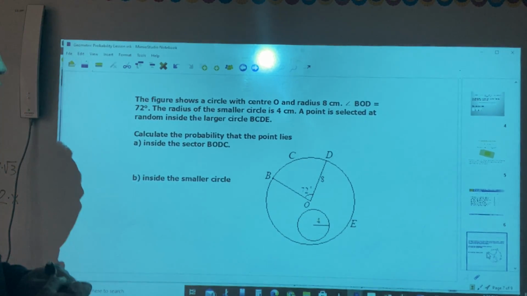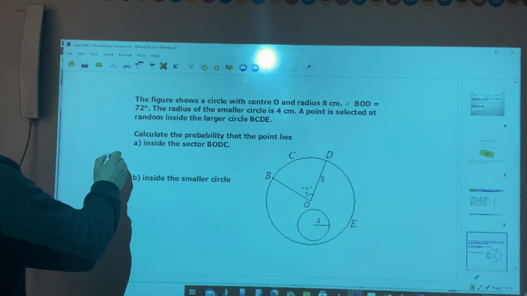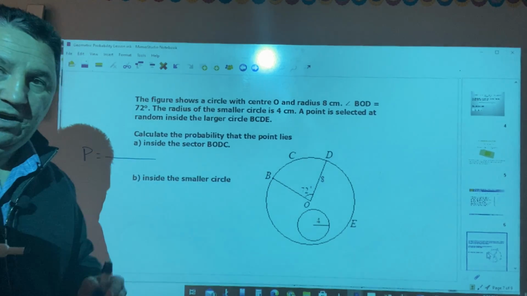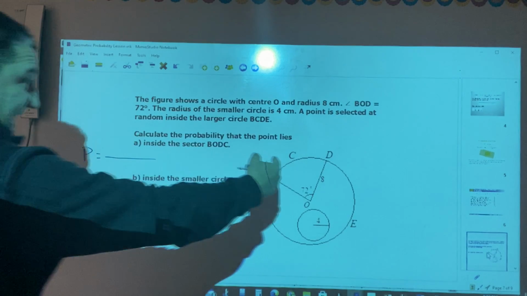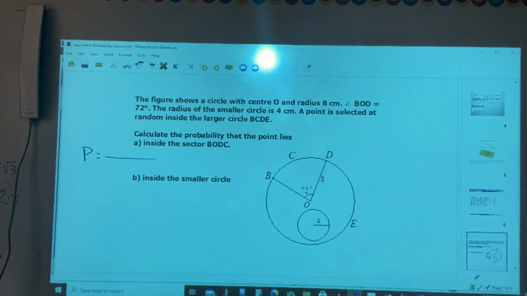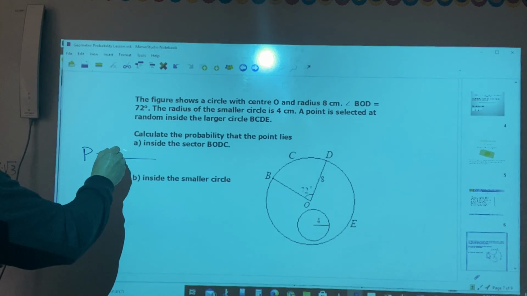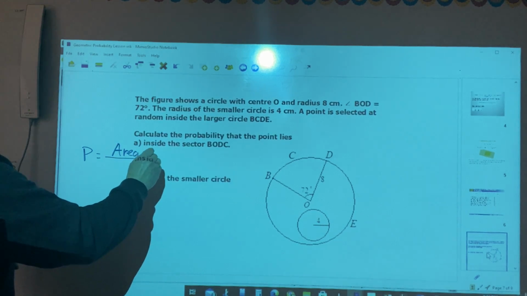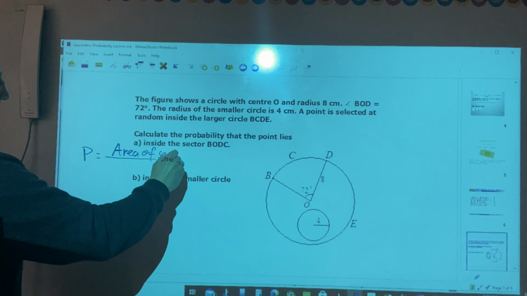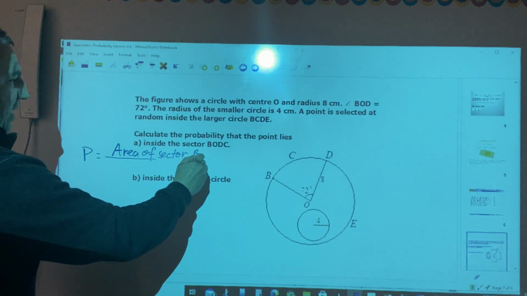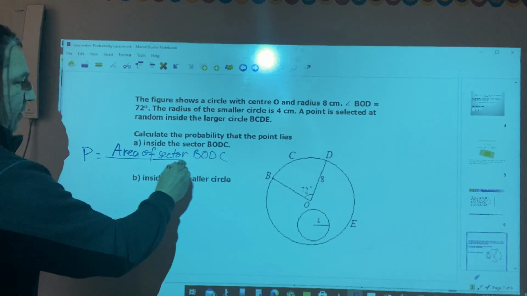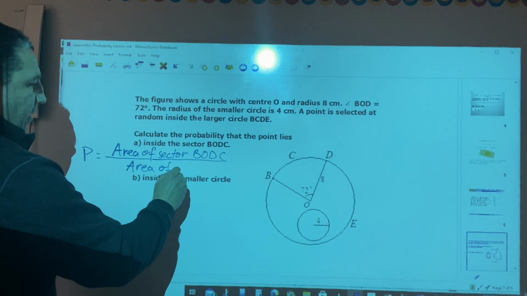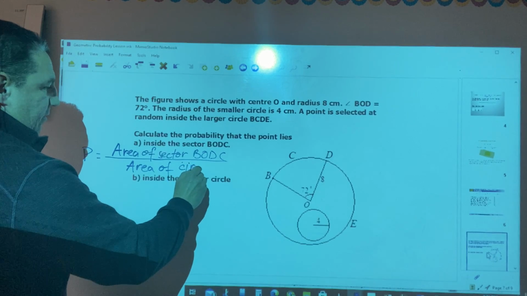Remember, to find the probability of having this point inside the sector BODC would be equal to the ratio of the area of sector BODC over the area of the circle, right?